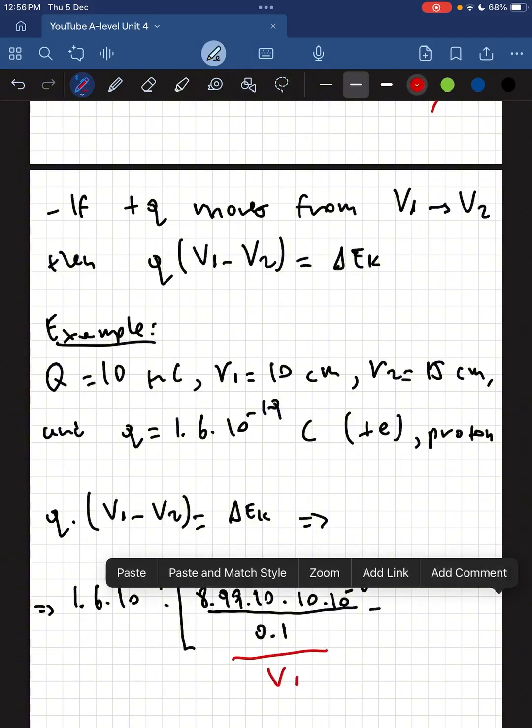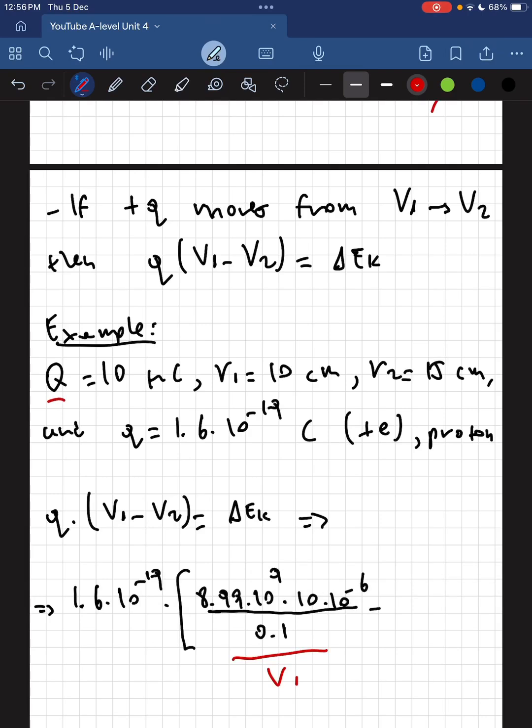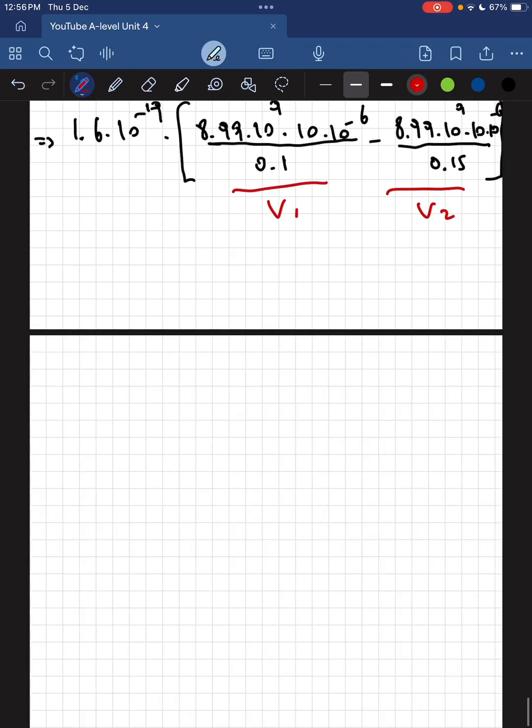at a distance of 10 centimeters away from this big charge Q. Minus 8.99 times 10 to the 9 times 10 times 10 to the negative 6. It's the same thing, but now over 0.15. This is V2. This is going to be equal to 1/2 times the mass of the proton, which is 1.67 times 10 to the negative 27, times v squared.